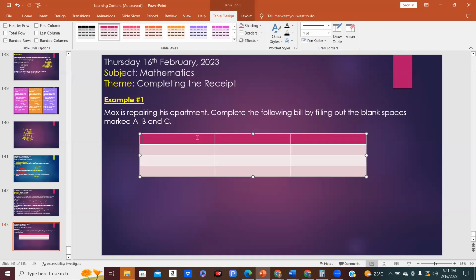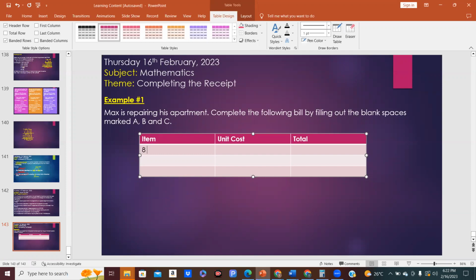The first heading is going to be the item. The second heading is going to be unit cost. The third heading is going to be the total.